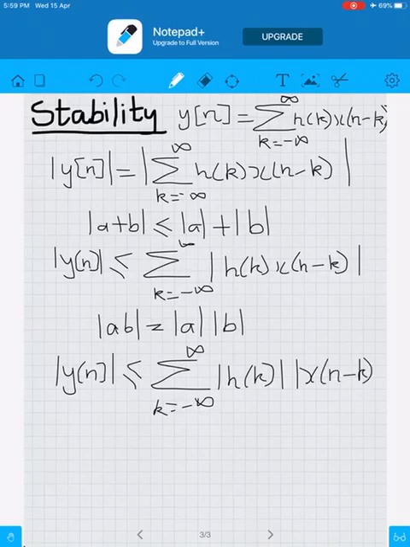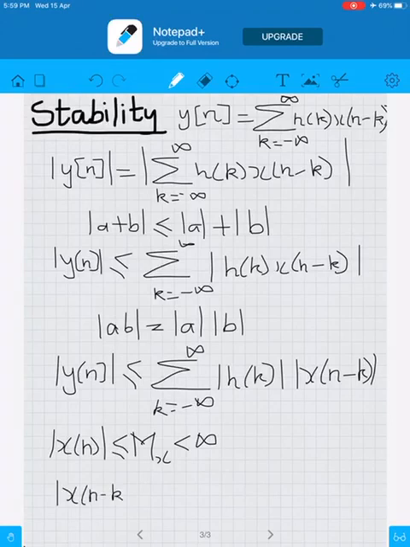Now let us assume that I have a bounded input, that is, the magnitude of x of n is less than or equal to some finite quantity mx, which is less than infinity. If that is the case, then shifting doesn't cause a change in the magnitude, and hence the magnitude of x of n minus k will also be less than or equal to mx, which is less than infinity.